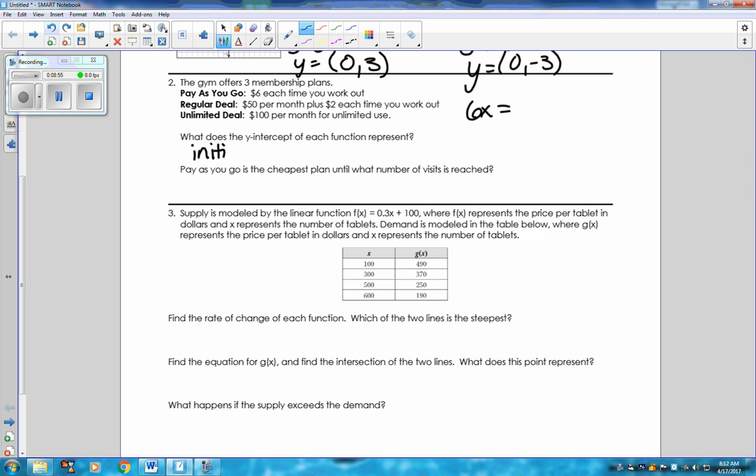How much am I paying each time I visit? $2. So I'm going to have 2x. $2 per visit. How much is the initial start? Plus $50. Solve for x.